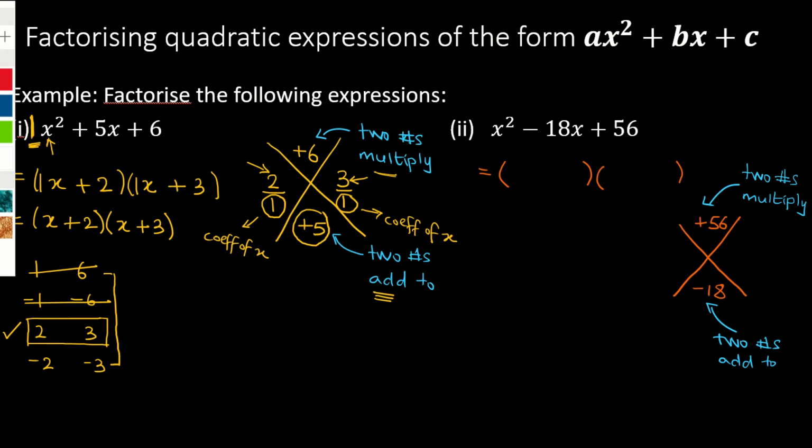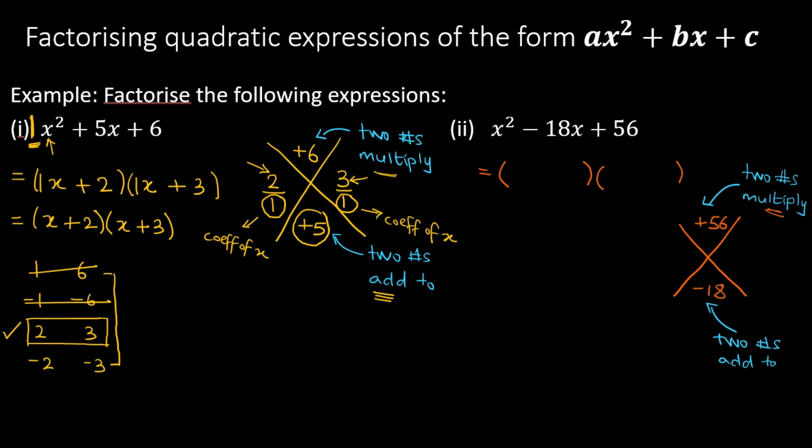Let us write down the possibilities. We consider multiplication first. What two numbers when you multiply give positive 56?